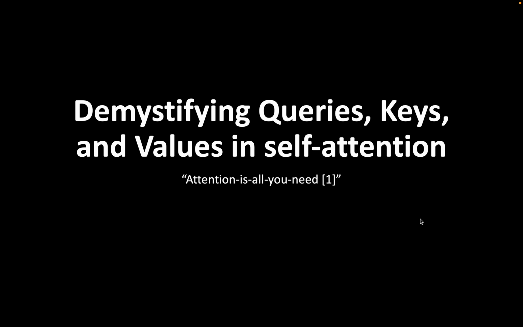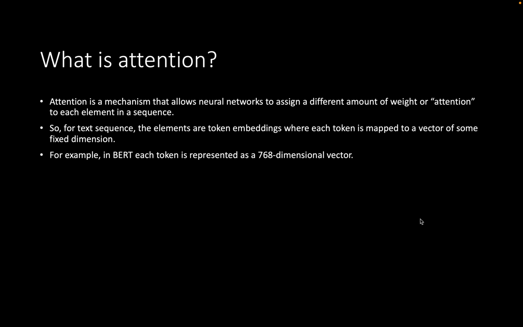So, what is attention? That is the first thing we have to understand. Attention is a mechanism that allows neural networks to assign different amounts of weight or attention to each element in a sequence.